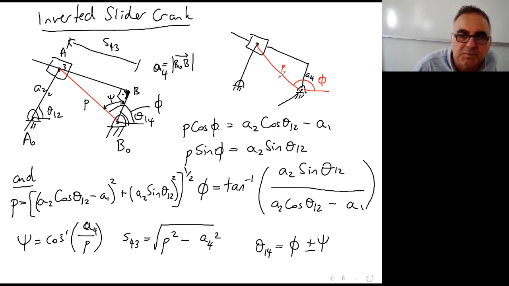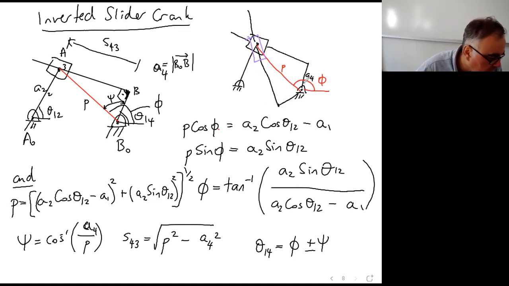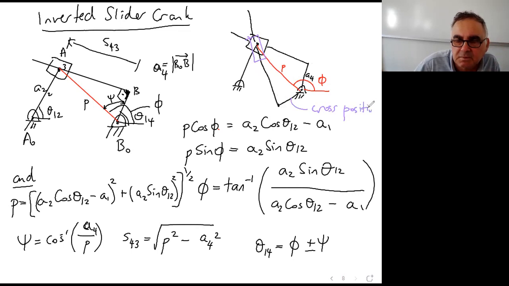It is the cross position of the mechanism, which is this. In this case, of course, the slider would be like this. So it will be something like this, okay? And this one will be the cross.